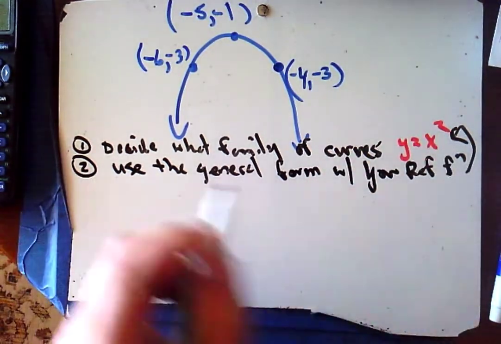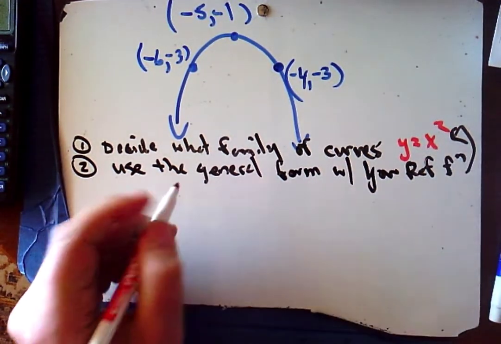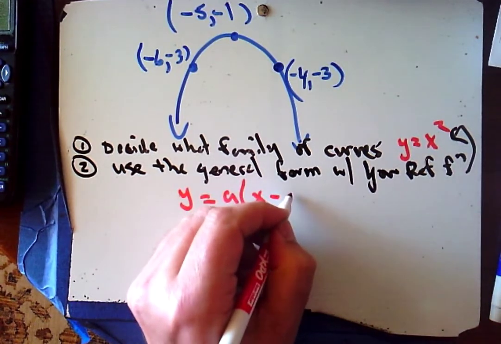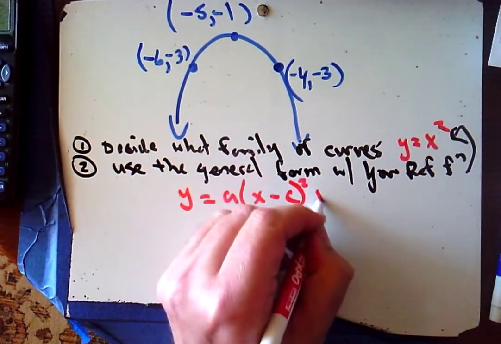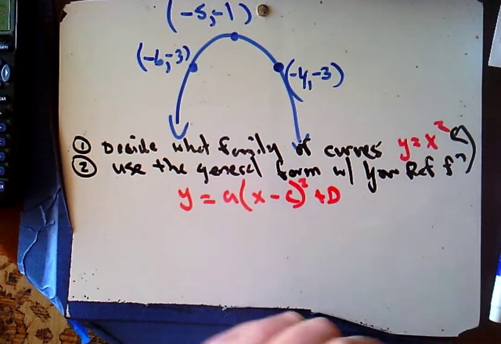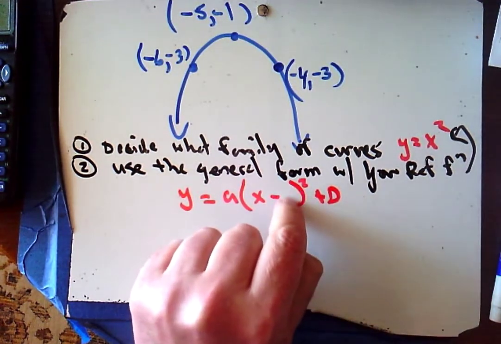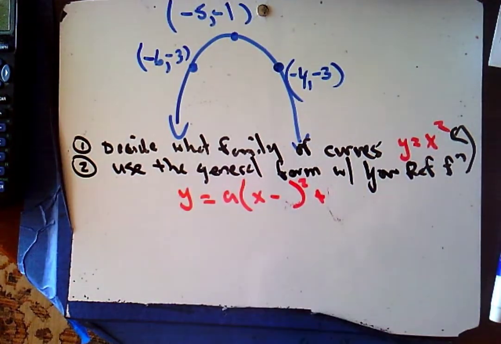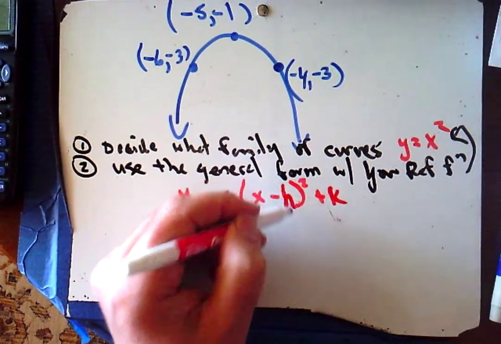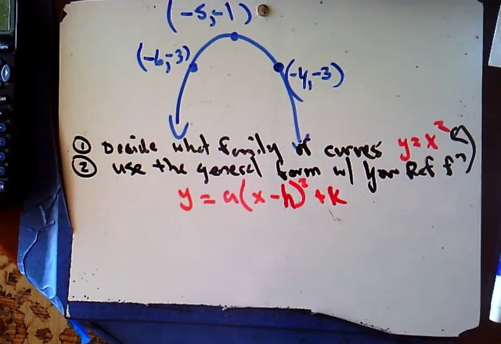So my general form is going to be y equals a(x minus c) squared plus d, according to what we did in the last video. Though later on this fall, we'll be switching these to h and k, and they're going to represent our vertex.